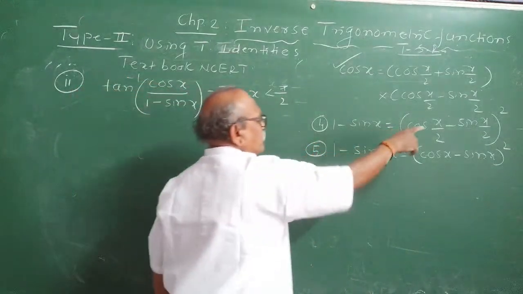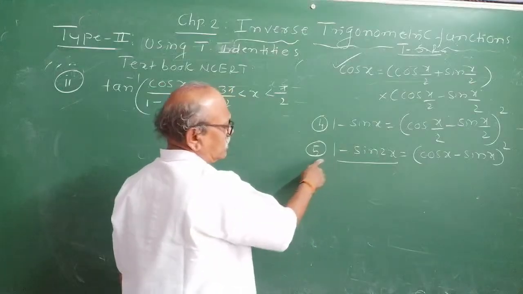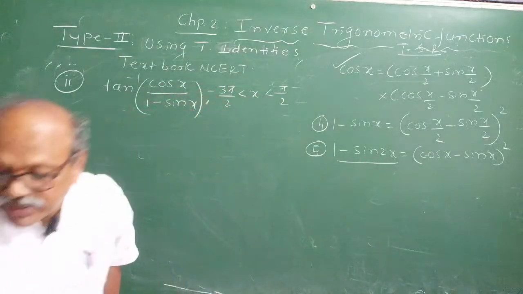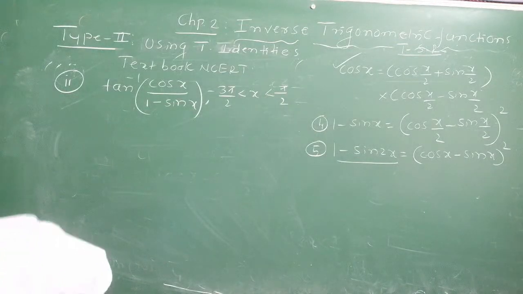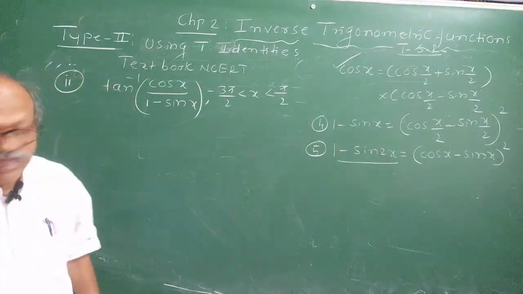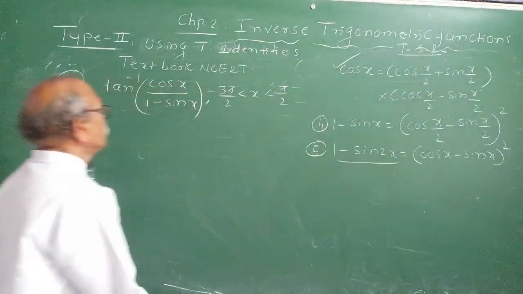This is half angle formula. This is multiple angle formula. Because one can be written as cos square x by 2 plus sin square x by 2, minus sin 2x, sin 2x can be written as 2 sin x into cos x. It will be the expansion.